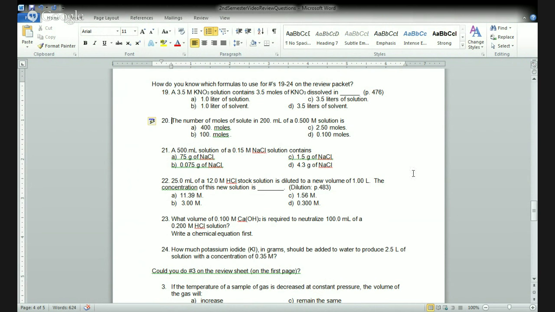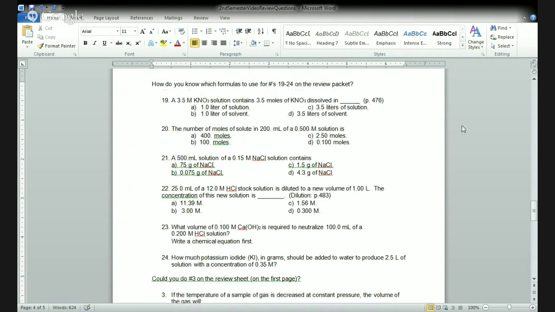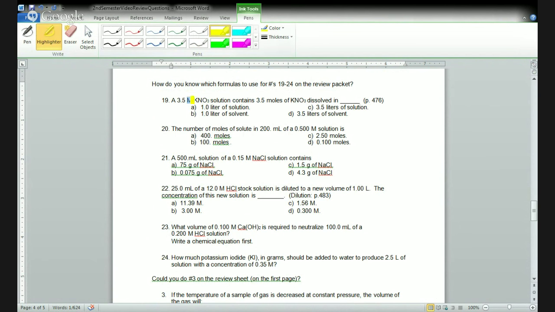All right, so how do you know what equations to use? If we look here, because this guy has a big M on the back, that's going to tell me that I'm going to use my molarity equation. So you can use your units to help you out a ton here. So this guy would have to be molarity. Molarity is equal to moles over liters.